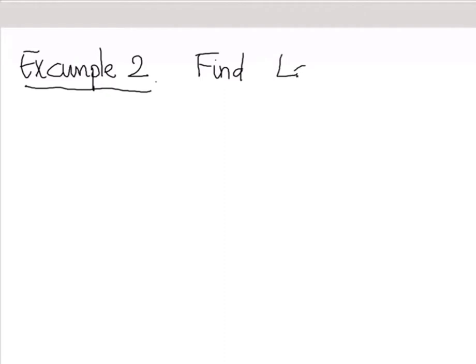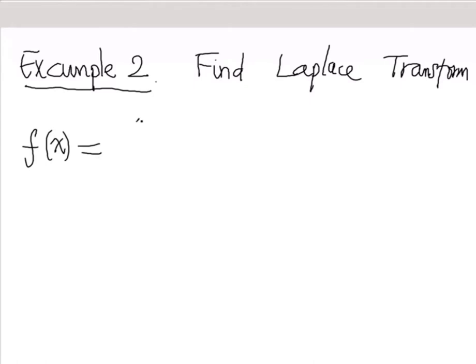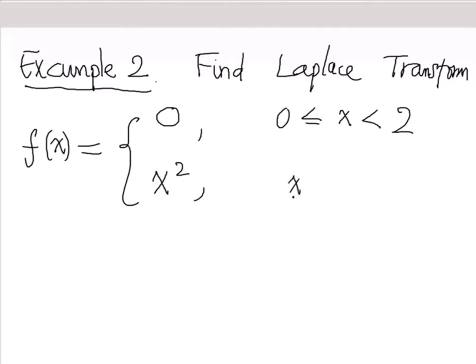Find the Laplace transform of function f given by 0 for x between 0 and 2, and then x squared for x bigger than or equal to 2.